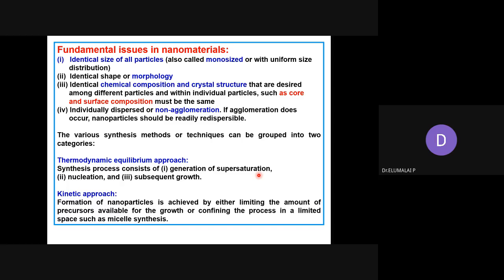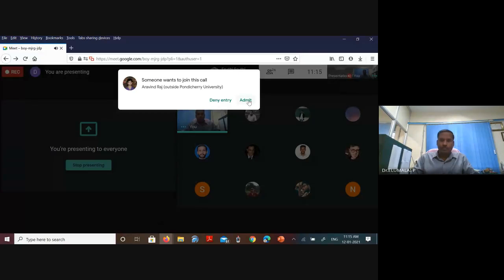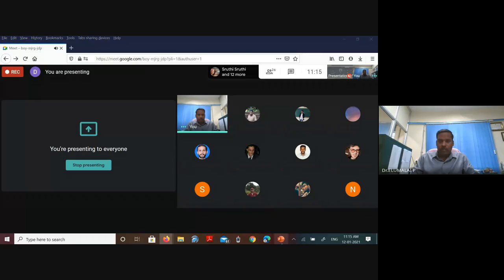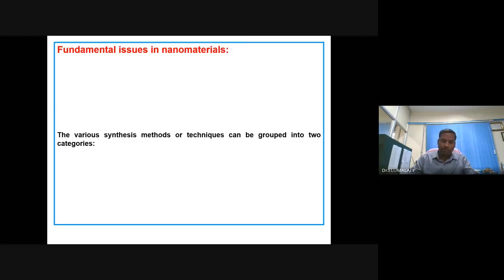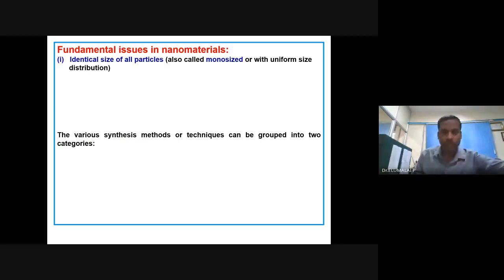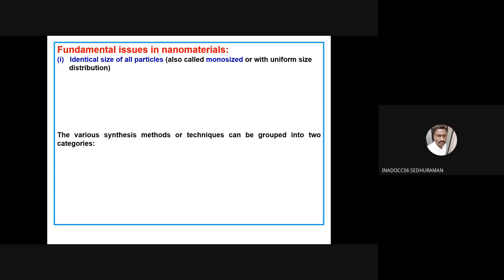Then when you are making alloys or composites, what are alloys? The combination of two metals which is inseparable.